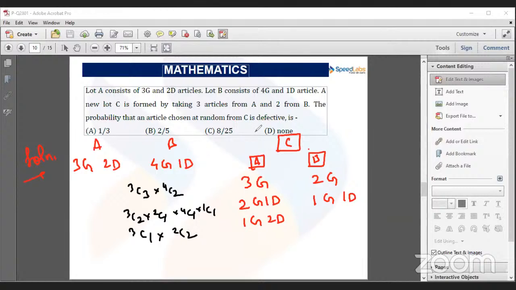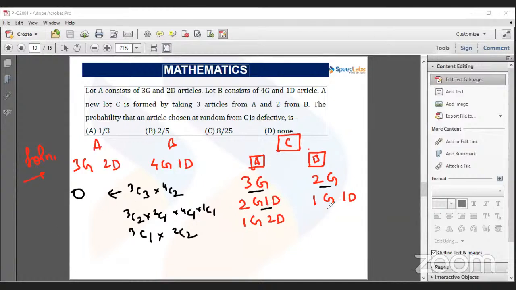And out of this, in the first case, the probability of getting a defective will be 0 because all are good, 3 good, 2 good, all are good. So probability of getting a defective is 0 here.